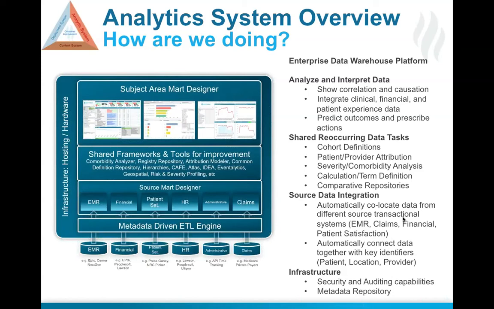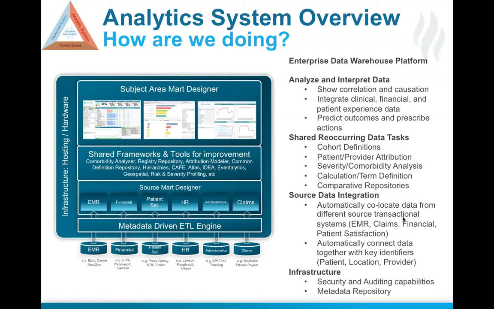And then there's common things that we'll have to do a lot. For example, defining registries, defining cohorts of patients, attributing different patients to specific providers, and understanding the severity of their illness and the comorbidities that exist, defining terms and calculations, and being able to compare results within our organization, between providers, between locations, but also external comparatives.